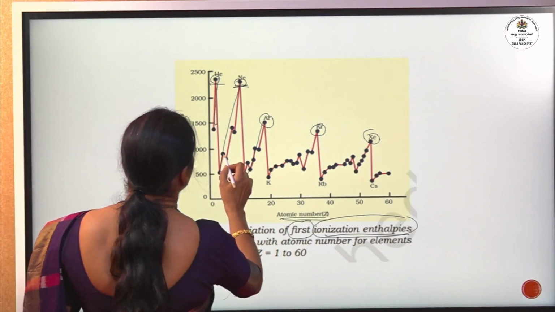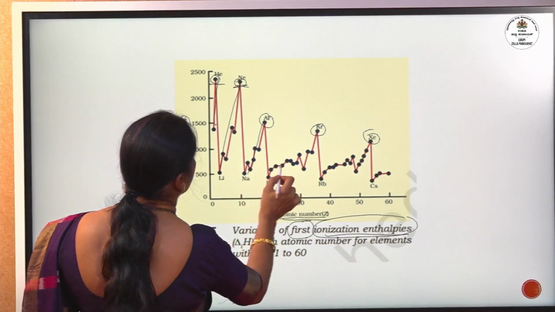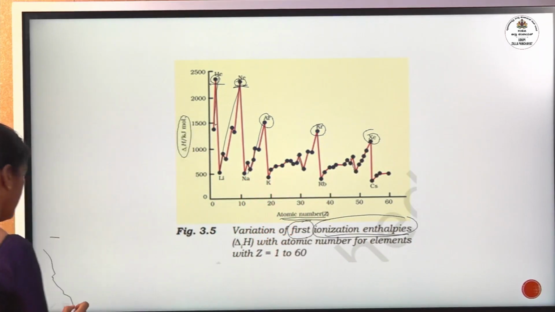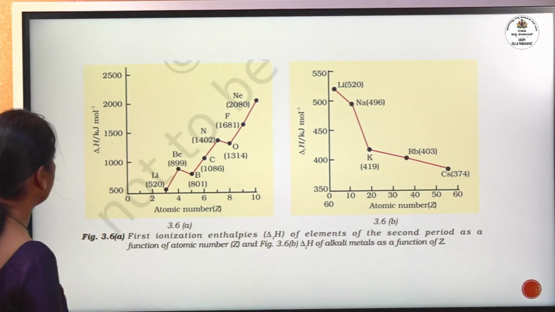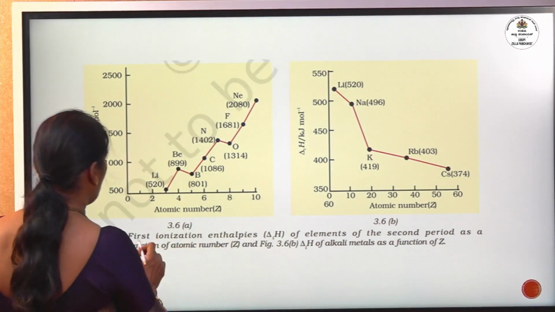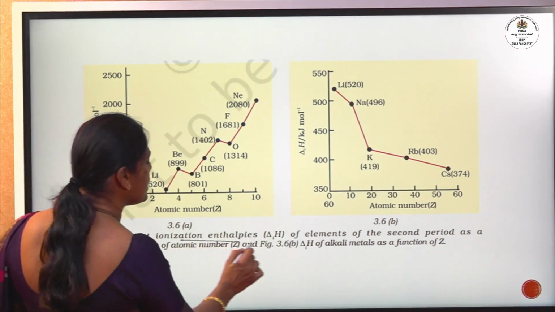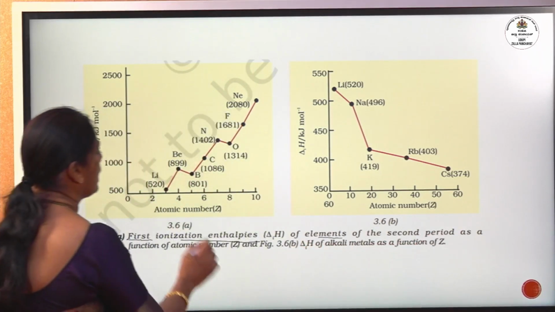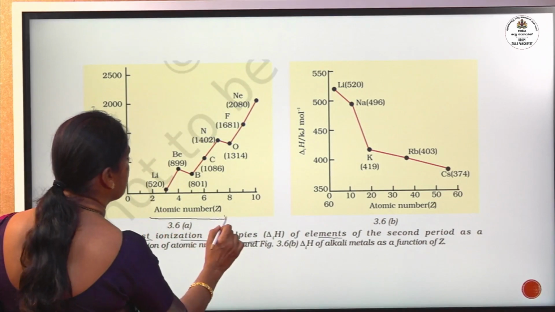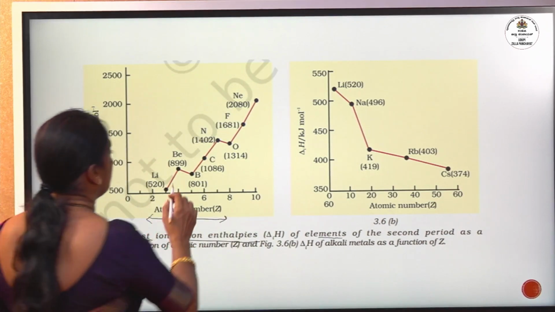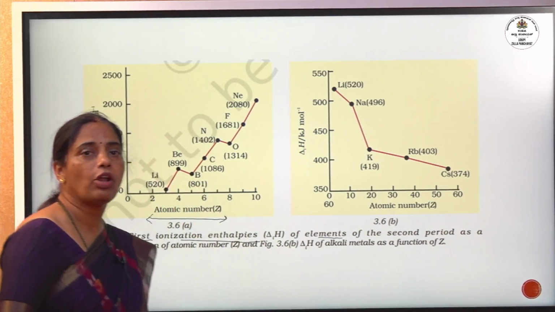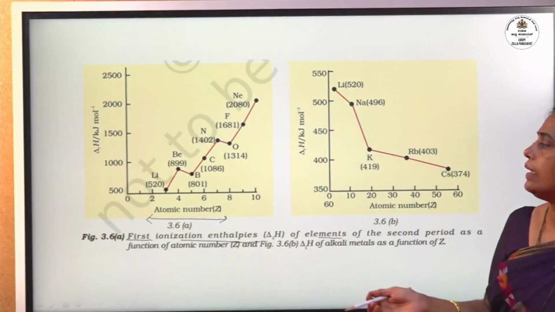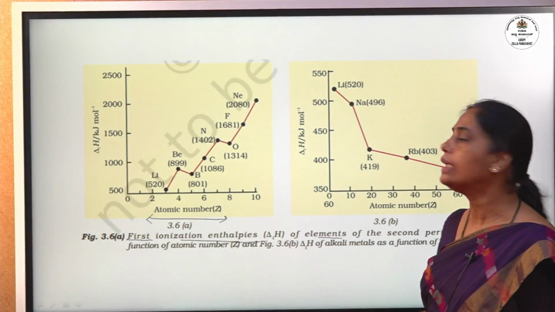Now we see some variations in each period that can be explained like this. Now the first ionization enthalpy of elements of the second period. In the periodic table, the general trend of ionization enthalpy is that from left to right, ionization enthalpy increases.